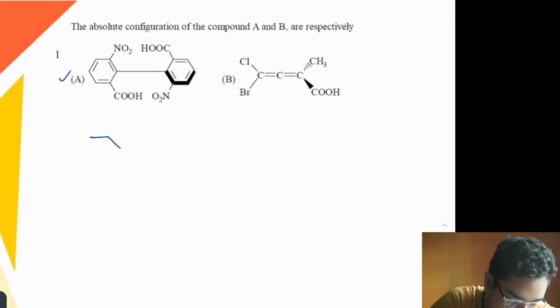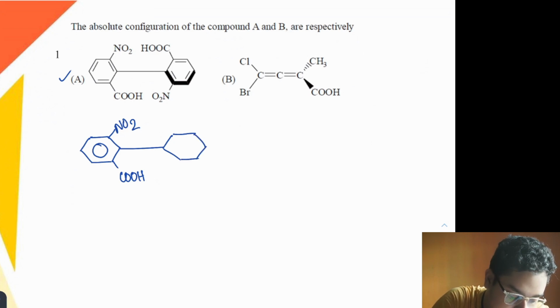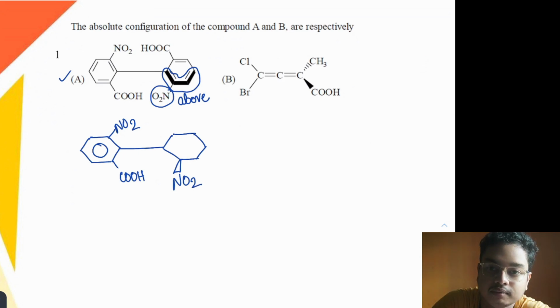It is a compound of atropisomerism. Here this particular part is bold, that means this group will be above. So put this NO2 above. If this part is above, then similarly this COOH part will be below.